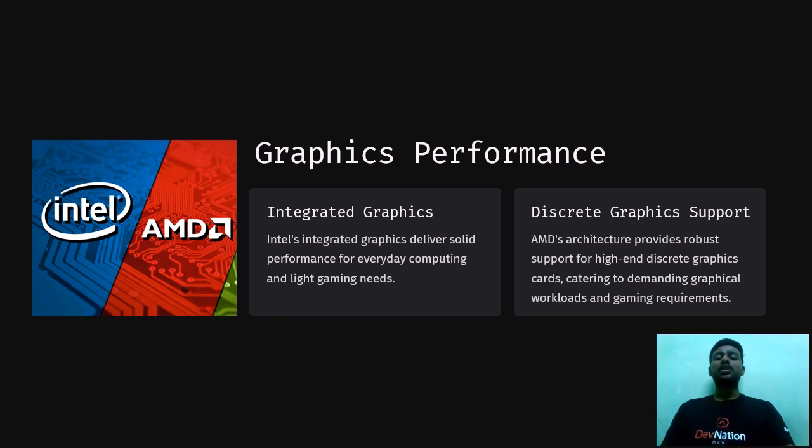The key point is that integrated graphics performance can vary between specific Intel and AMD processor models. Both companies have improved the capability of integrated graphics over the years. For more demanding gaming or graphics-intensive tasks, a dedicated graphics card is recommended, as integrated graphics are generally designed for basic use.